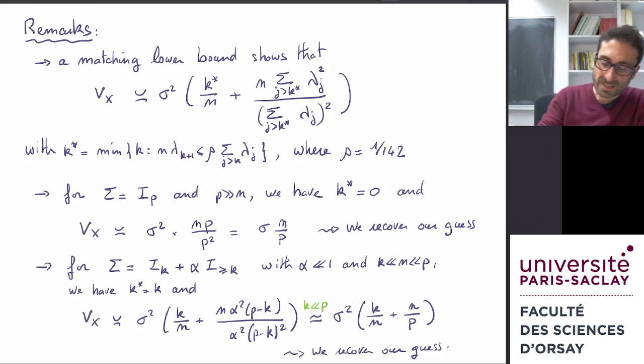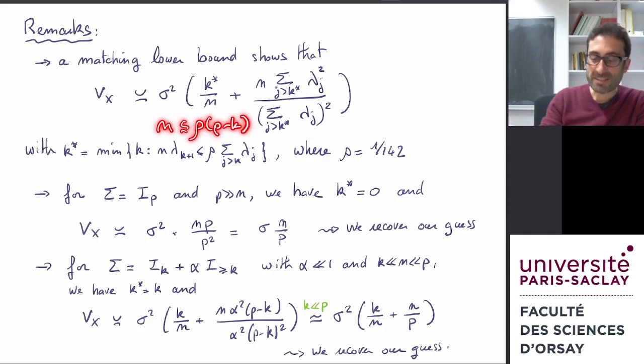So here you have n smaller than rho p minus k. And you see that if n is very small compared to p, well, this inequality will hold for any k. So k star will be equal to 0.